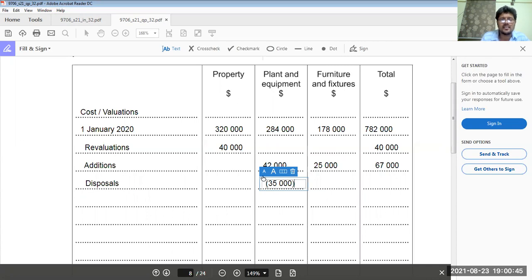Now get the totals over here. This is 360,000.